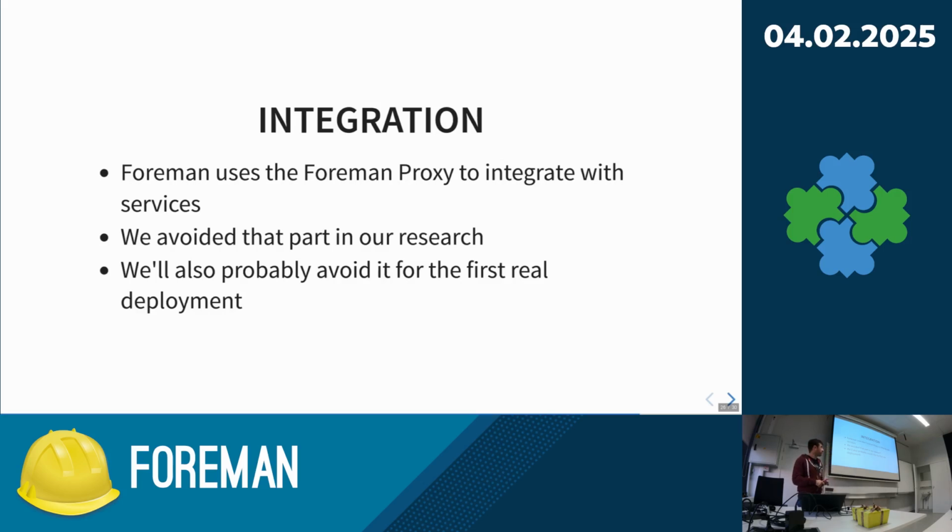So we try to avoid it for now, and we're probably going to do the first round of containers without a proxy. But we will have to think about that in the future because we will diverge in a way, and we should then get back to one unified deployment solution at some point.